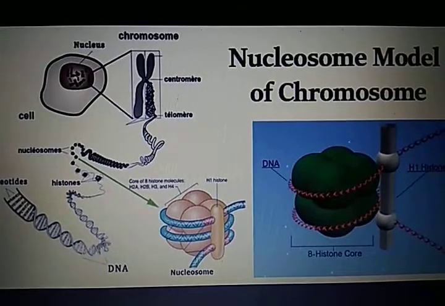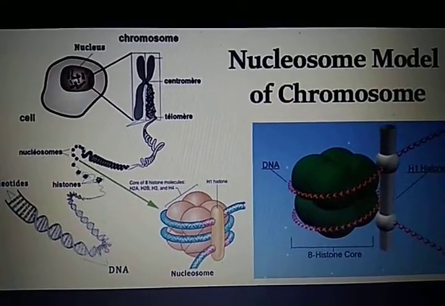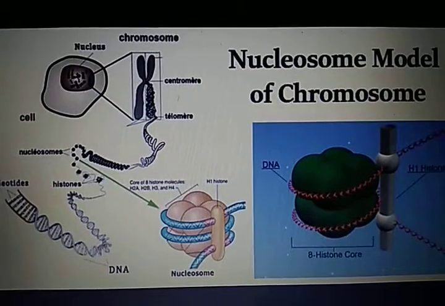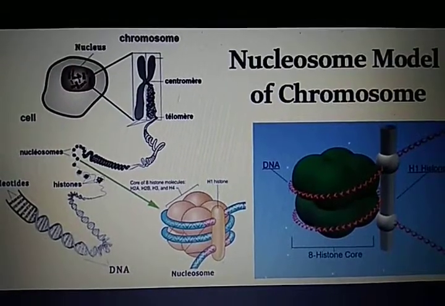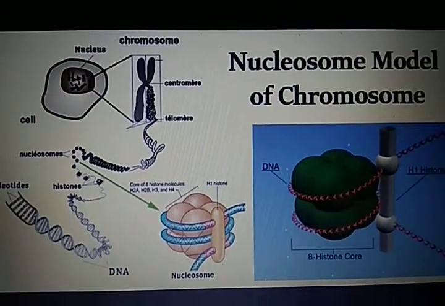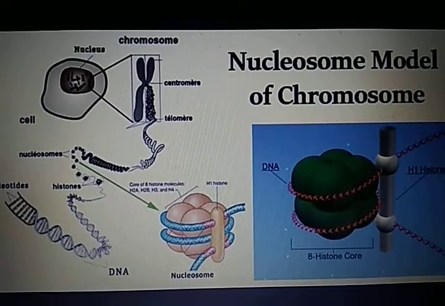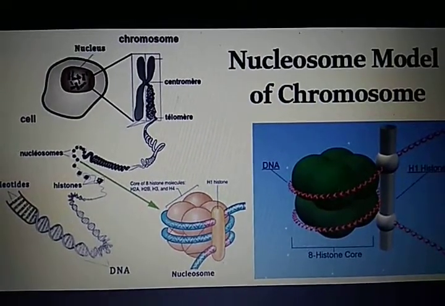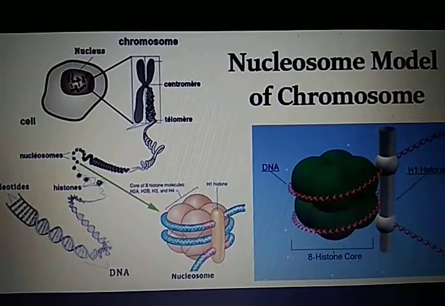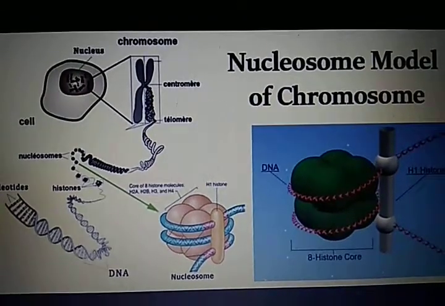As I have told you, the first step is the assembly of DNA with a newly synthesized tetramer of H3H4, which are specifically modified to form a subnucleosomal particle, which is followed by the addition of two H2A H2B dimers.